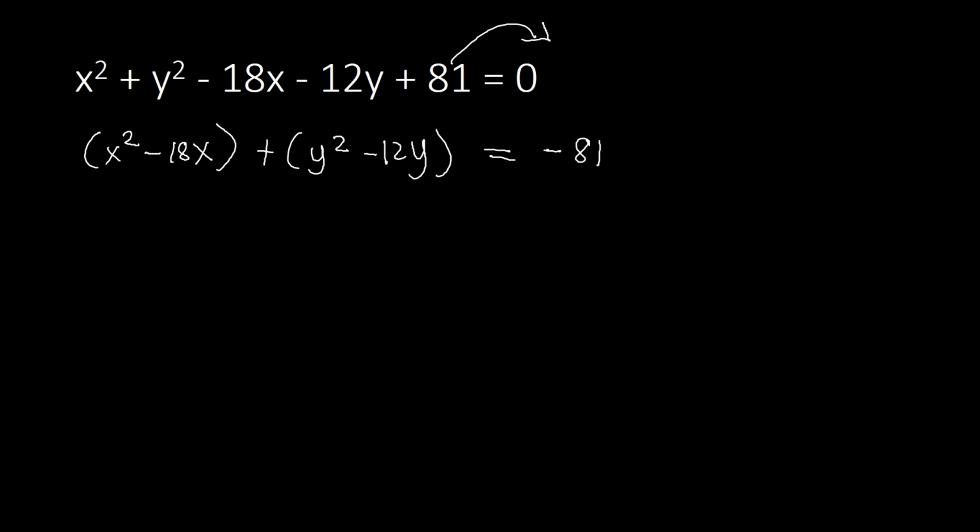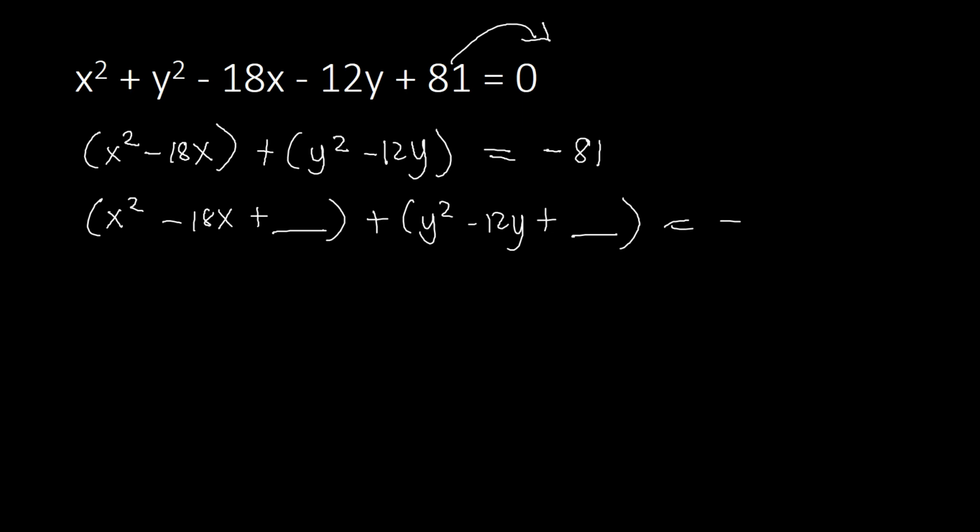So let us now go for completing the square. So x squared minus 18x, we are going to look for this number to complete the perfect square trinomial here. And then we've got y squared minus 12y plus a number, and then that will be equal to negative 81. So let's start with completing the first group here. So we start with negative 18.